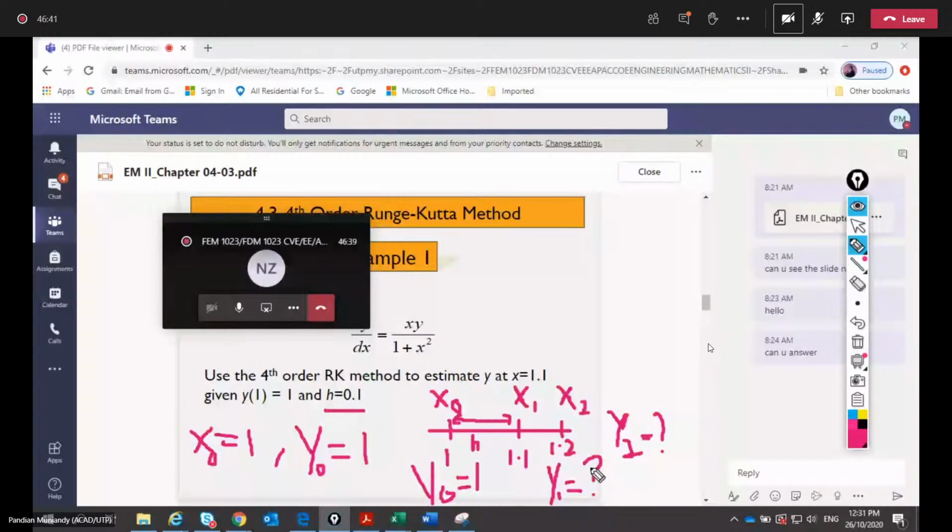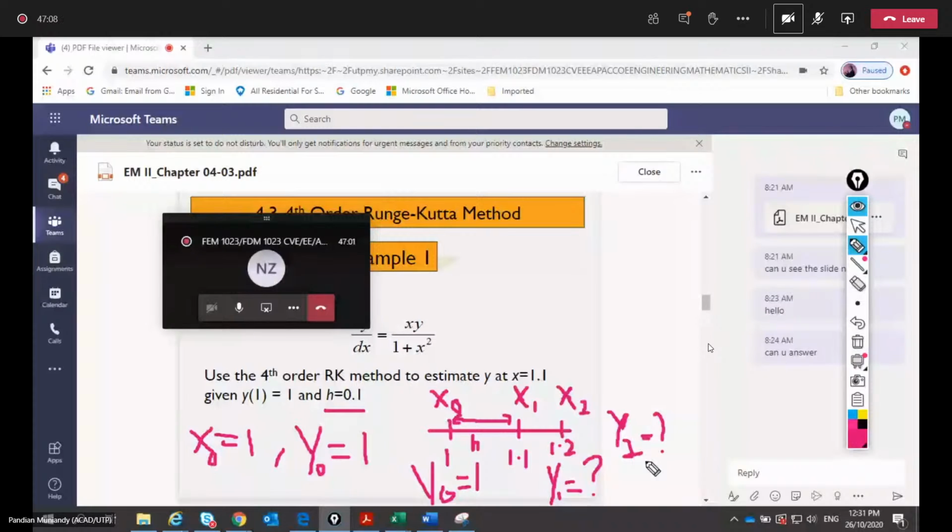Iteration. So if I start with x naught 1, y naught 1, I can find my y1 at x1, 1.1. Input given, find output. At x2, 1.2, what is my output, y2? At x 1.3, what is my y3? What is my new output? So like this, you are searching for new output from the current output.